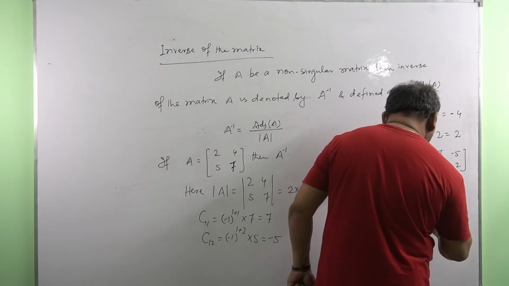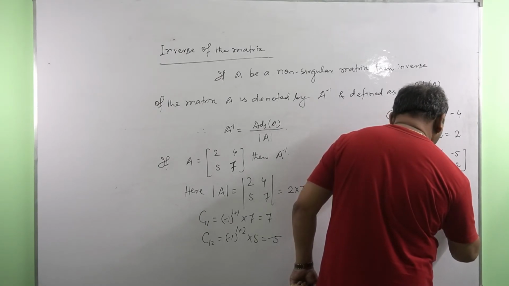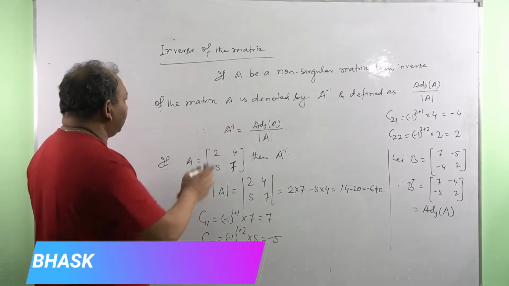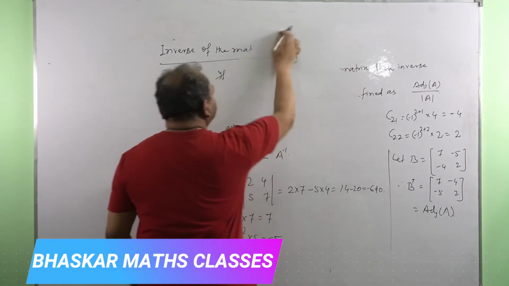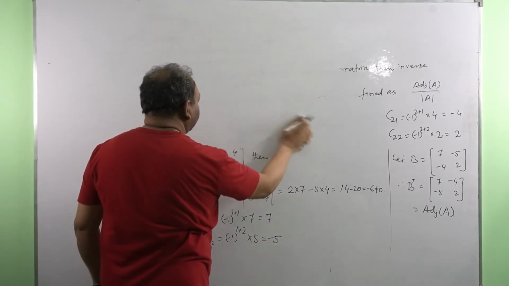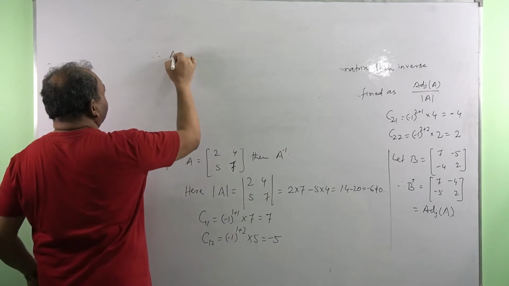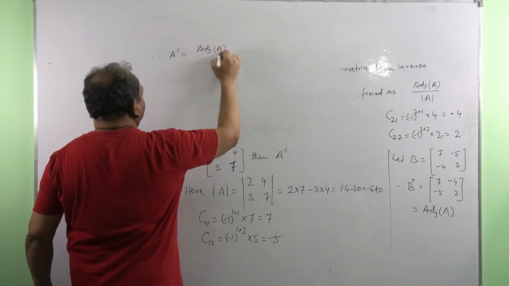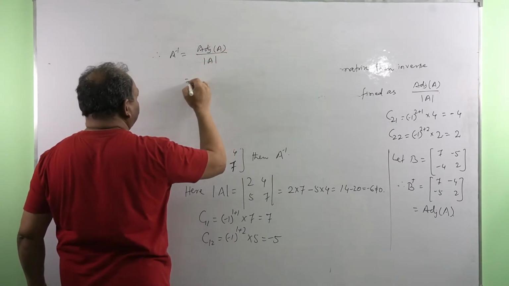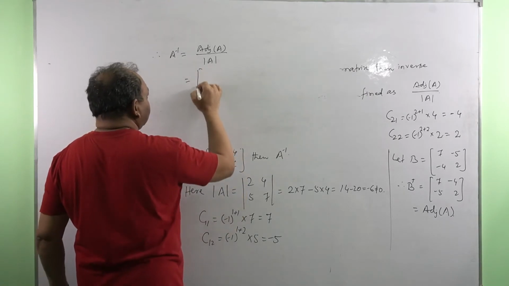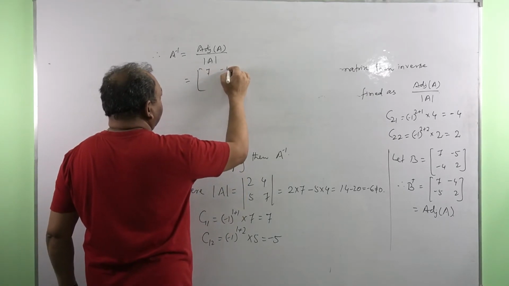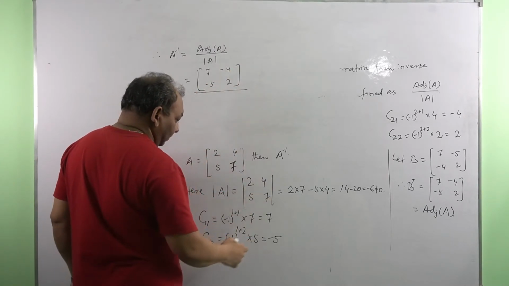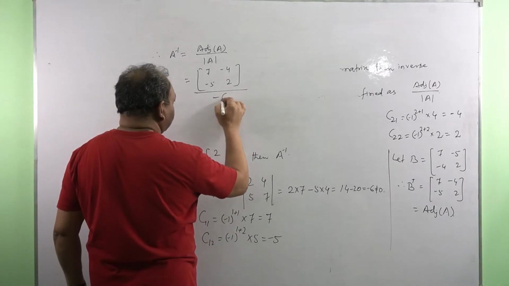This is called the adjoint of matrix A. So the inverse of matrix A, that is A inverse, is equal to the adjoint of A by the determinant of A. The adjoint of A is [7, minus 4; minus 5, 2], all divided by the determinant of A, which is minus 6.